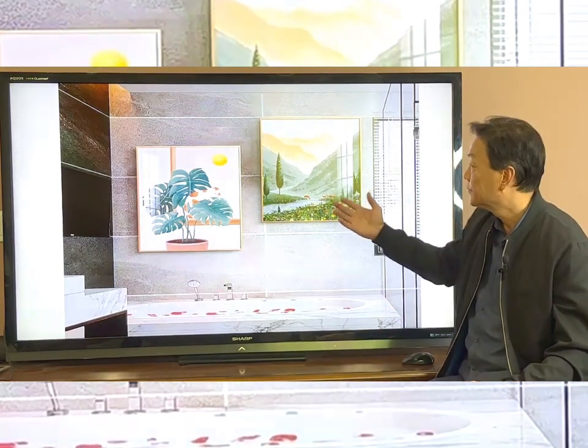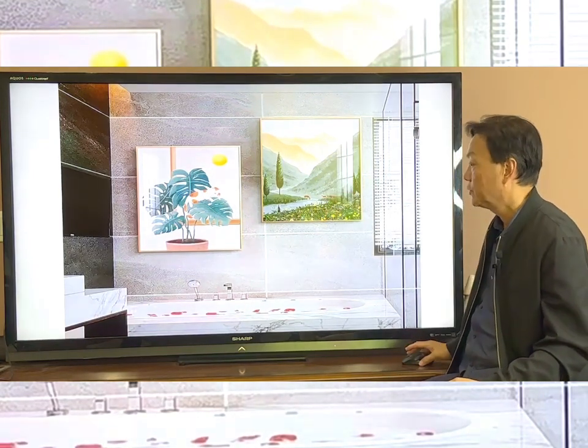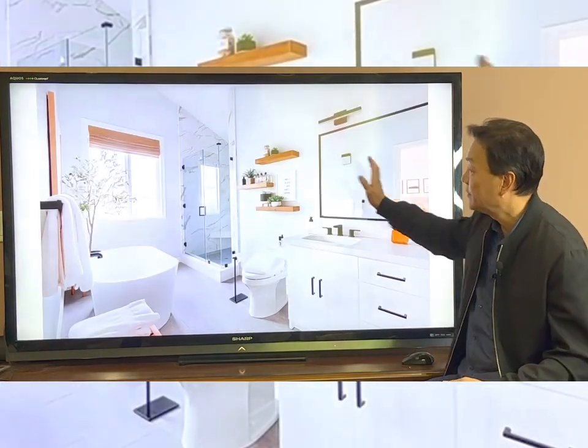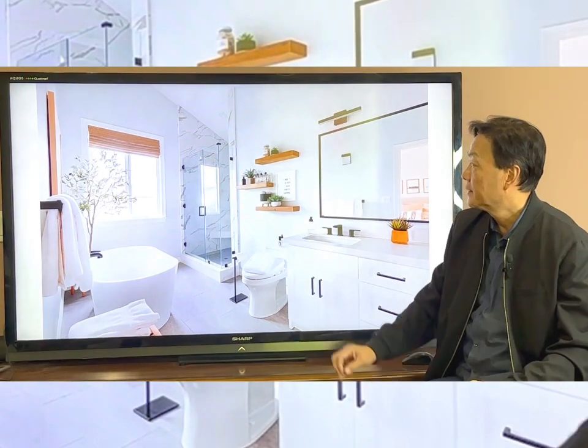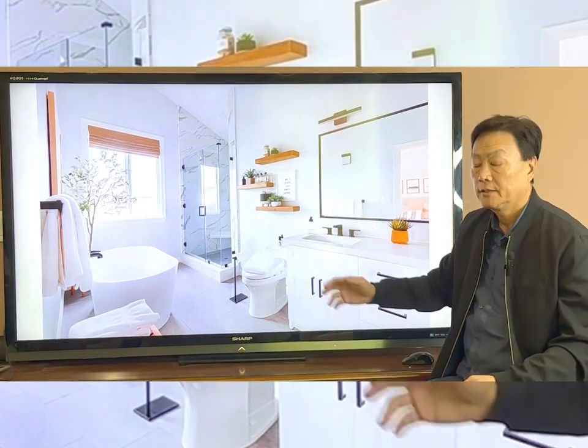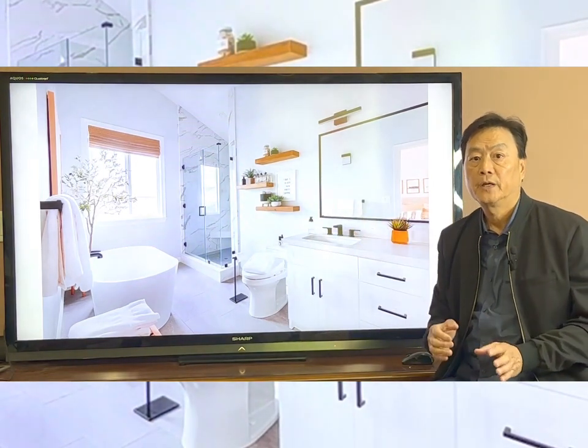So if you have a really dark restroom, you have to pay attention to this. This is like a perfect restroom, so you should keep the restroom very nice, and then it can really reduce the problem.